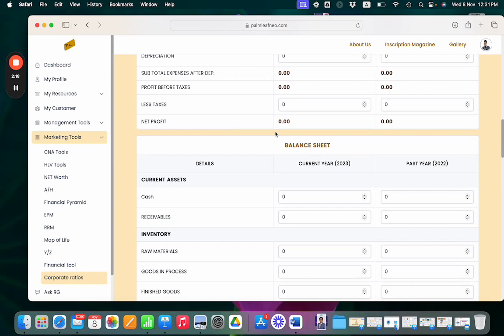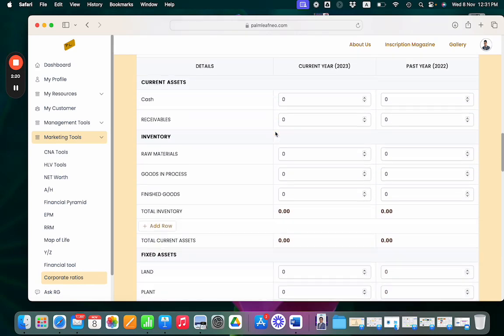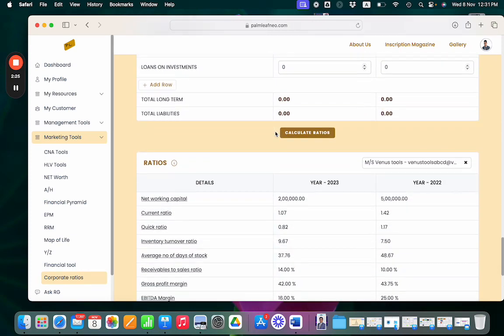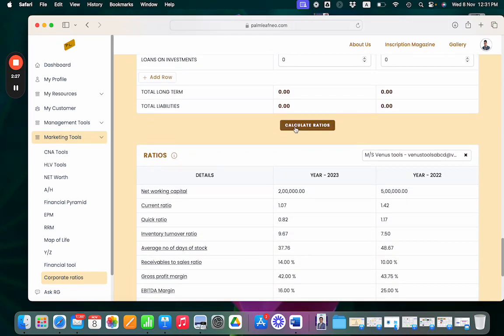Right now, this is the profit and loss account and this is the balance sheet. Down below, you will find here the calculate ratios tool. If you press this, then based on the P&L account and the balance sheet details which you have typed, the system will work out the ratios.